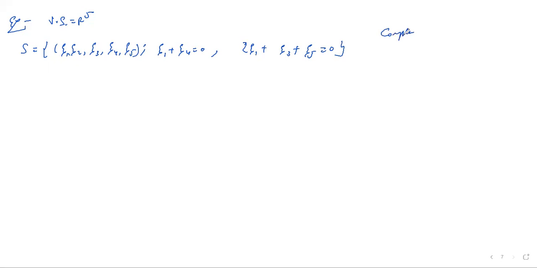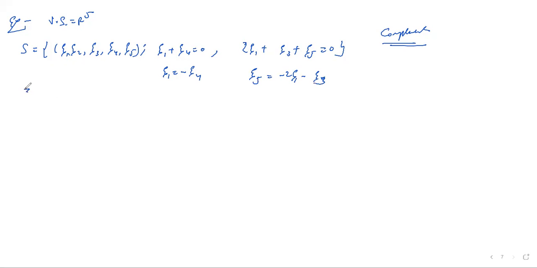So for finding the complement, we'll first find the basis. Let's find the basis of the subspace. We have studied the concept of the basis earlier. We can easily find the basis of this subspace as E1 equals minus E4, and E5 equals minus 2 E1 minus E3.